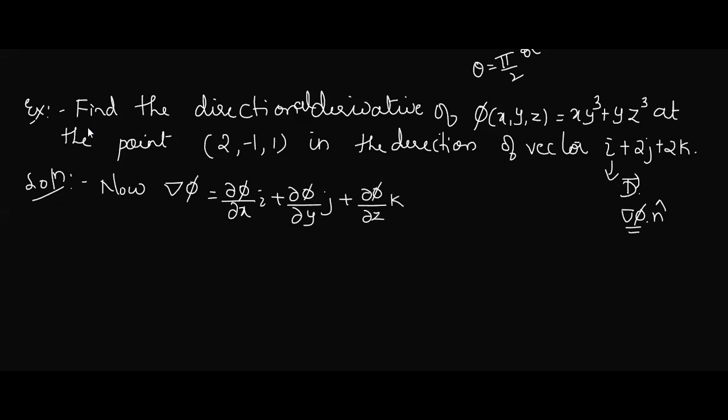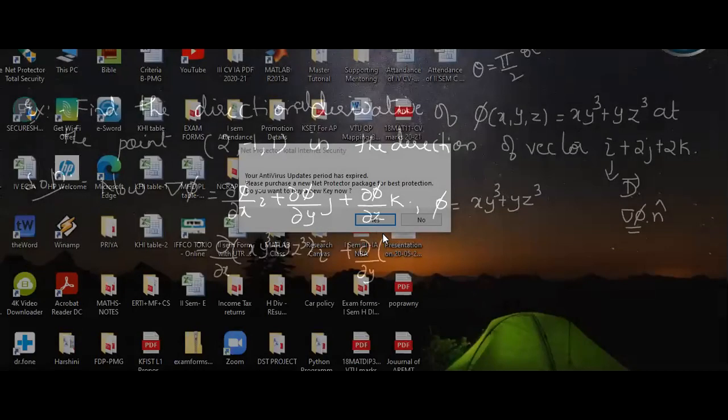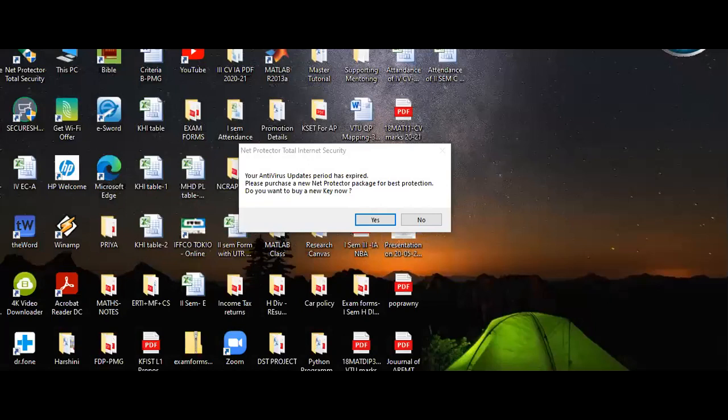So it is nothing but the derivative of this phi, where phi is xy cube plus yz cube. This is dou by dou x of xy cube plus yz cube i, dou by dou y of x... Substitute phi for all the three terms.